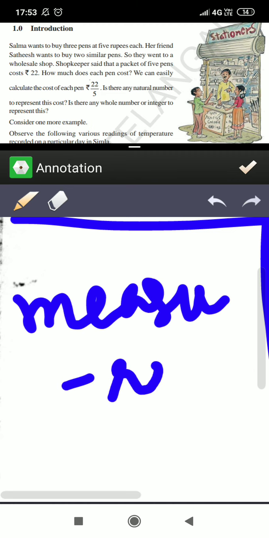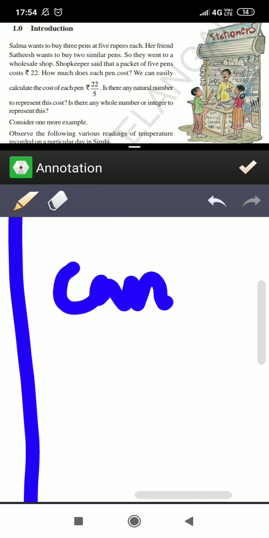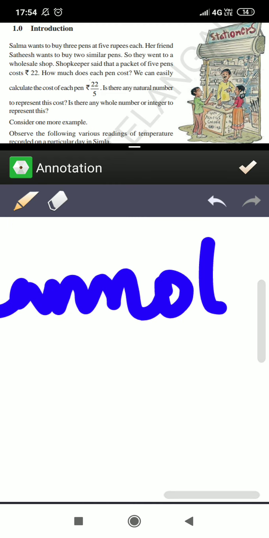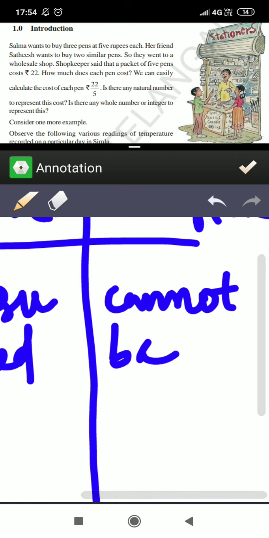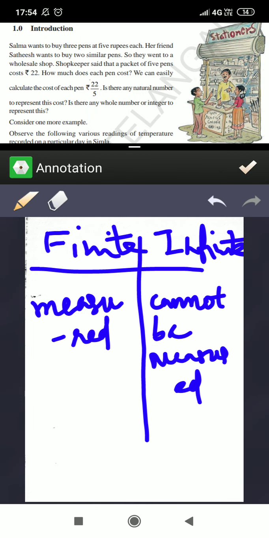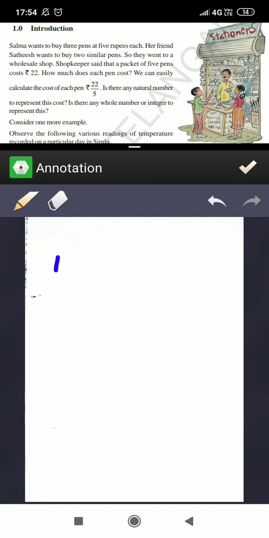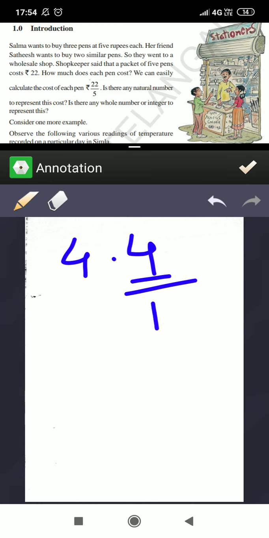Infinity means it cannot be measured. So 4.4 is a decimal number with finite decimal places, as a single decimal place is there and that is countable and measurable.